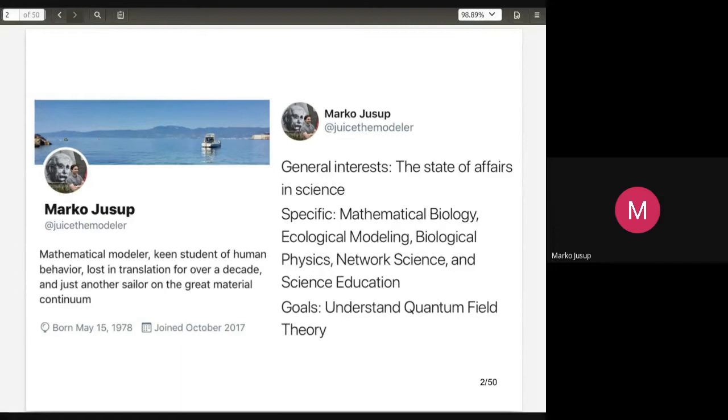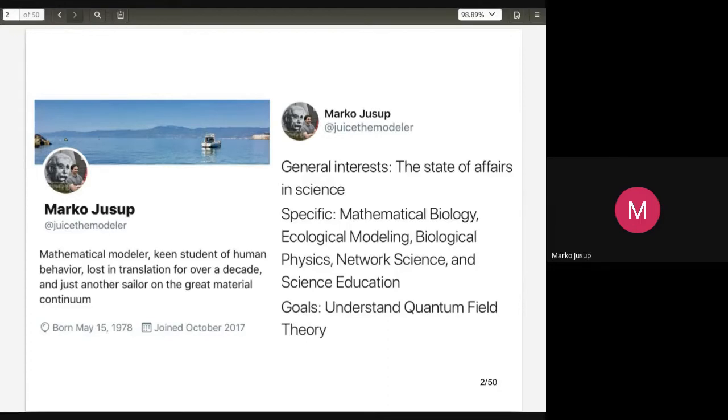My former postdoctoral advisor, Jo Ivasa, is basically one of the more famous mathematical biologists in the world, and definitely number one in Japan. So that was a big topic in his lab. When I joined, I was more into ecological modeling, and then switched to mathematical biology and naturally started working on human behavior as well.